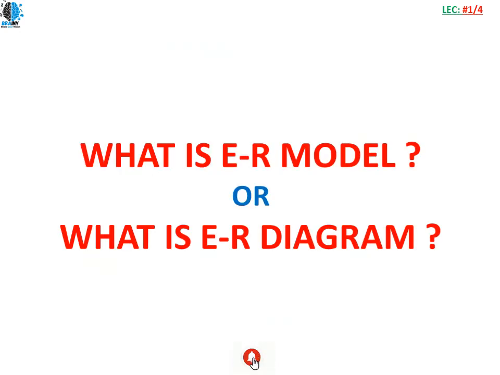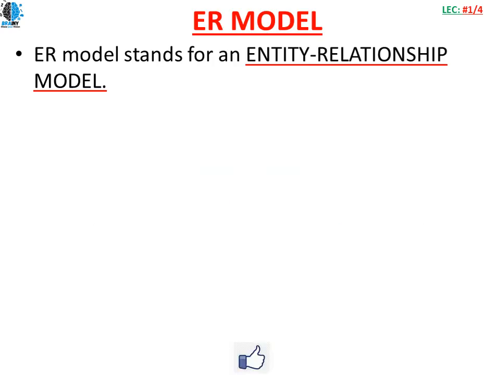Let's see what is an ER model or what is an ER diagram. Both are the same. ER model stands for Entity Relationship Model. Entity is a real world object, and relationship is how the real world objects are related among themselves in a database.